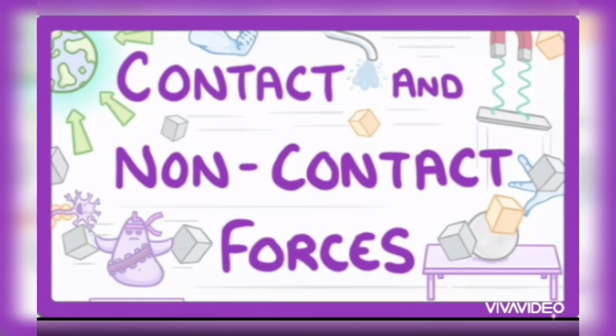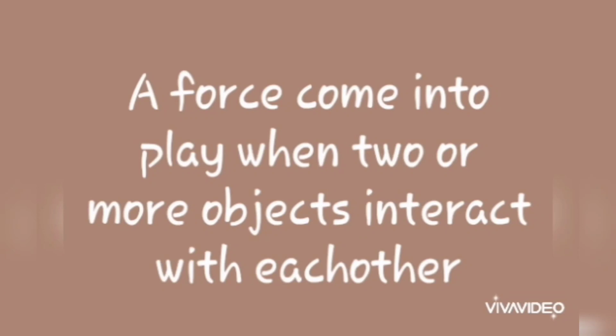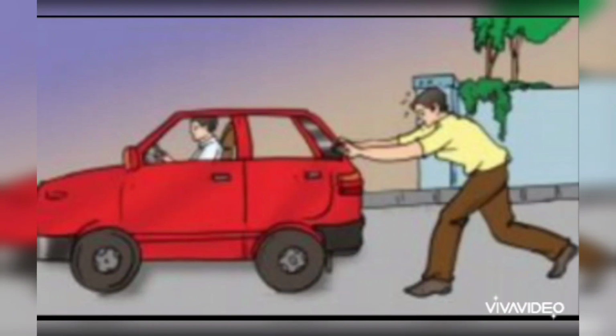We already studied that a force comes into play when two or more objects interact with each other. For example, a boy pushing the car: there is an interaction between the boy and the car.